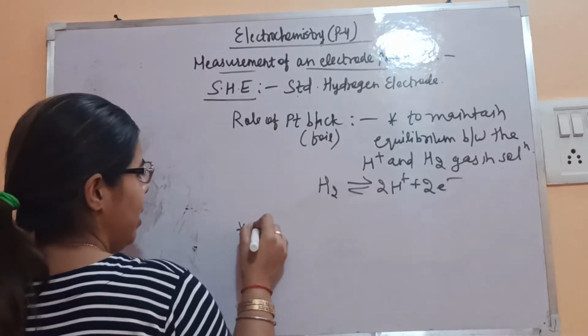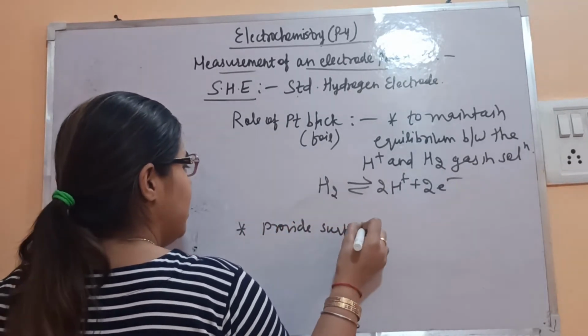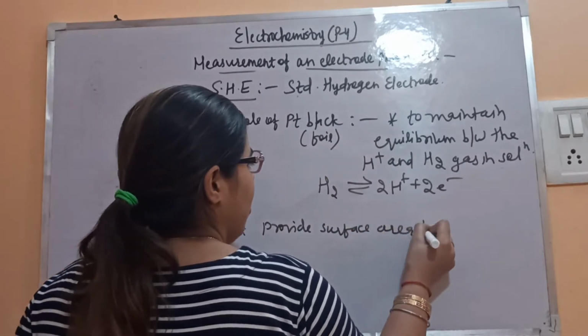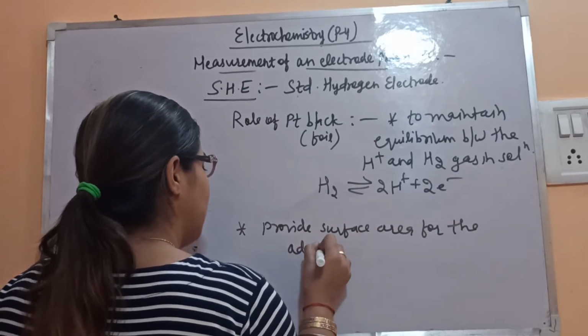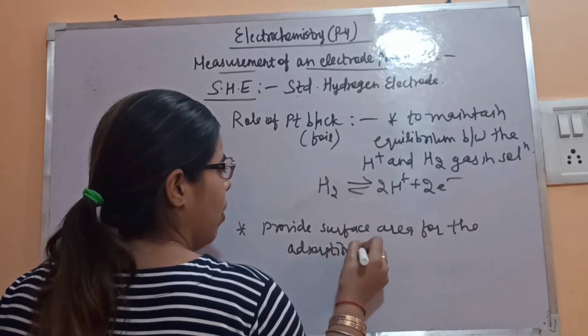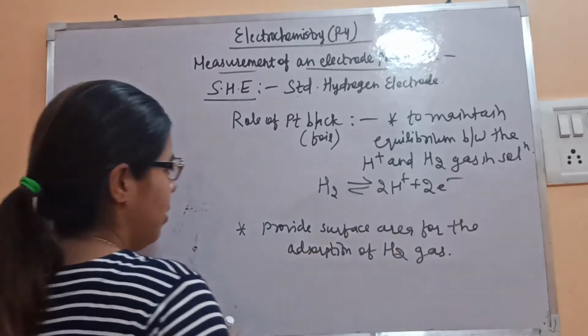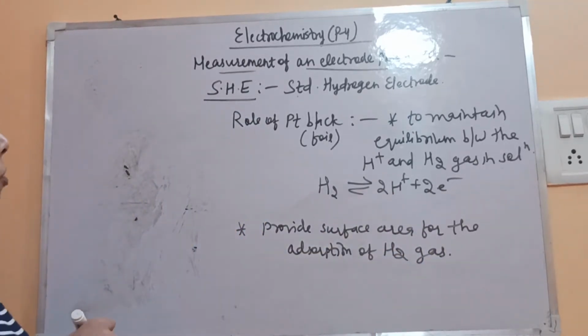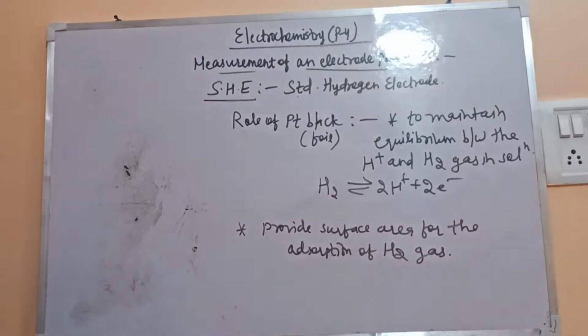And secondly, it provides surface area for the adsorption of hydrogen gas. So this is the function of platinum black. Fine. So this is all about the hydrogen electrode.